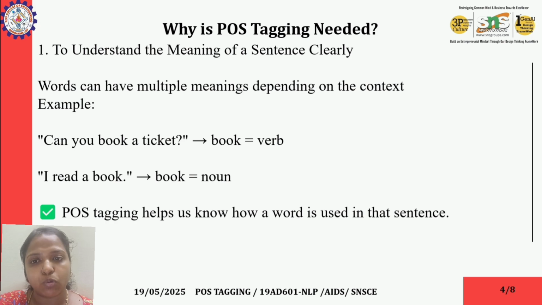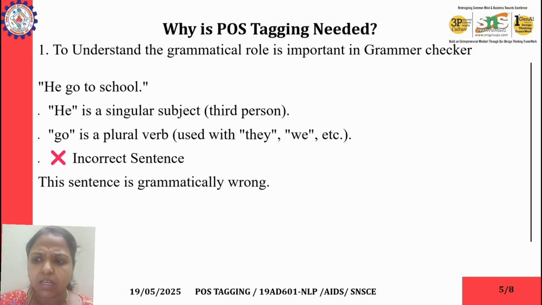Let's move on to the next one. Understanding the grammatical role is very important for NLP. If you take a sentence, you need to know the role of each word in it.